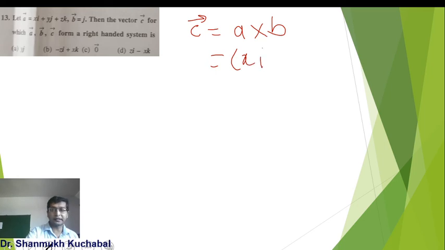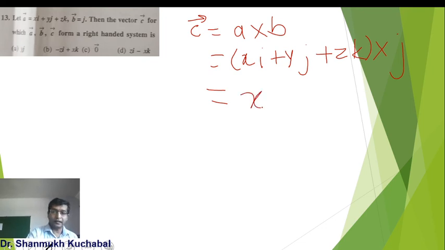Here we can write vector C equal to A cross B. We know vector A is xi plus yj plus zk, and vector B is j. The cross product will give us xk minus zi.